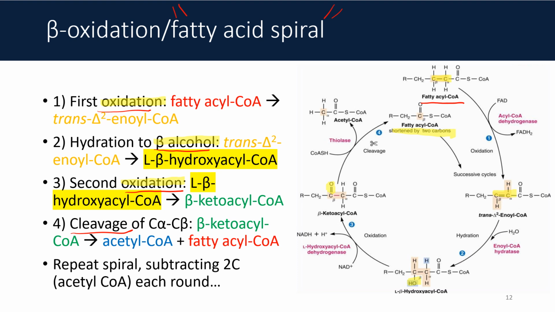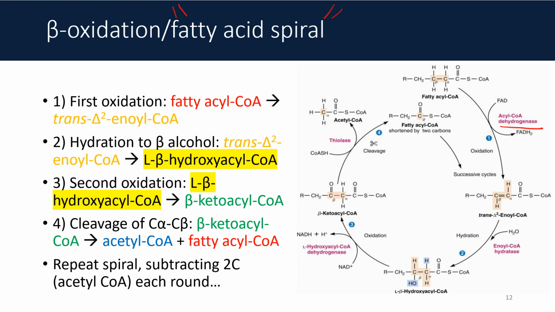So let's begin and now talk about the chemical logic now that we have talked about things from the bird's eye view. I'm going to clean this up again. I'm trying to be deliberate here with my color coding to help you follow along to the best of our abilities. There. And let's start. The first oxidation event within the fatty acid spiral is catalyzed by the enzyme acyl-CoA dehydrogenase.